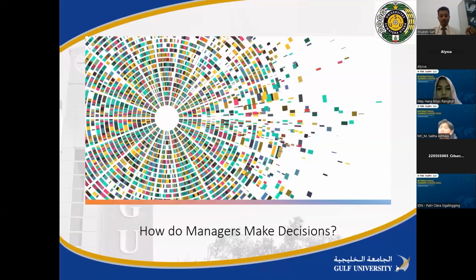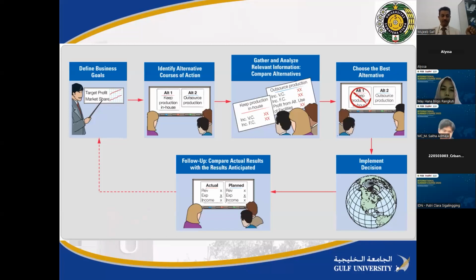So how do managers make a decision? First of all, we should know what the business strategy is, what the business goals are, what our objective is. Actually, we consider this as a guideline for us.